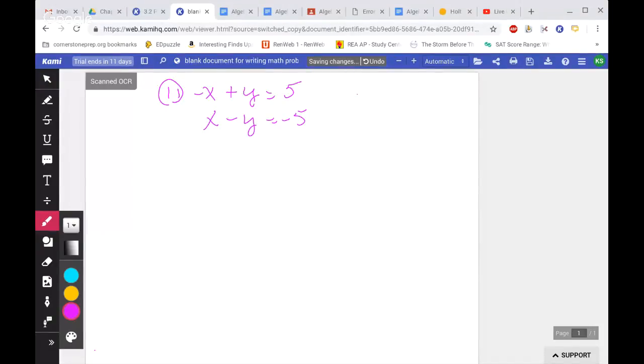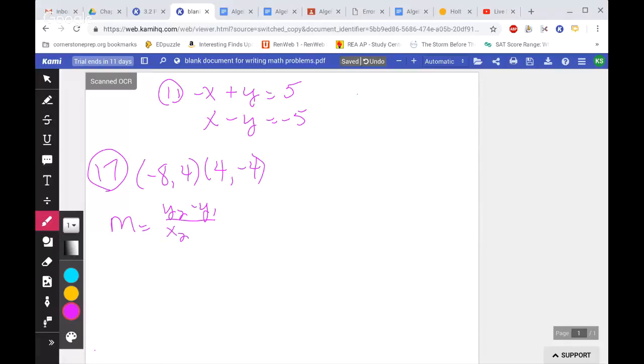Okay, number 17. The points are (-8, 4) and (4, -4). So this time we're not given the slope. So we have to find the slope before we plug it in to the point slope form. So the formula for slope is y2 minus y1 over x2 minus x1.